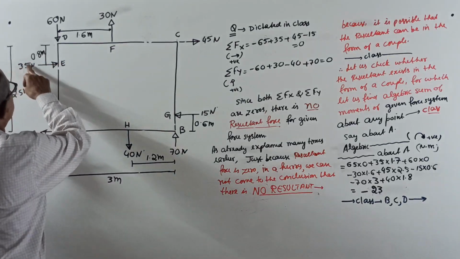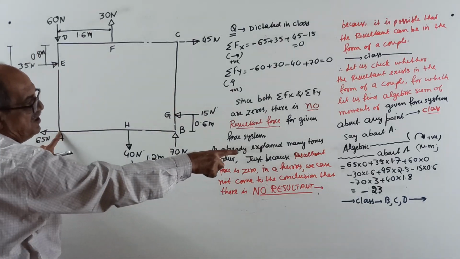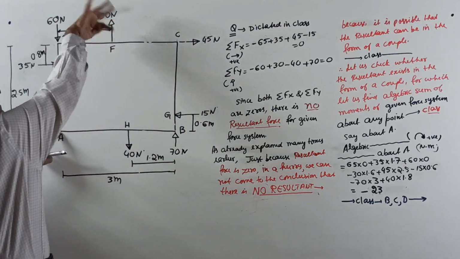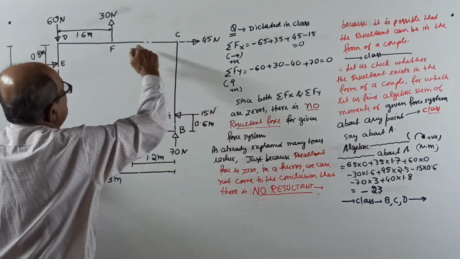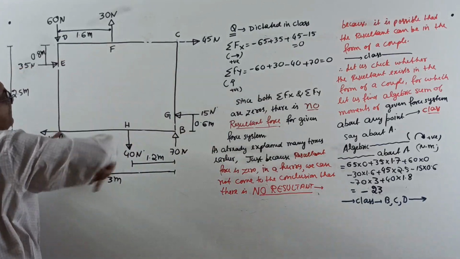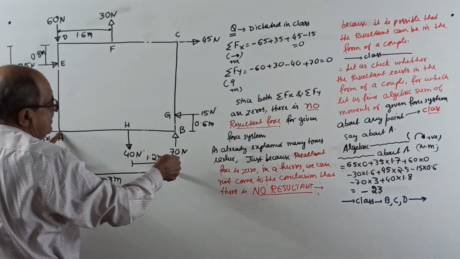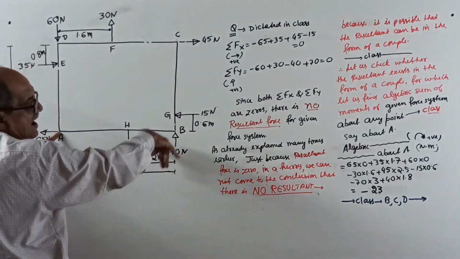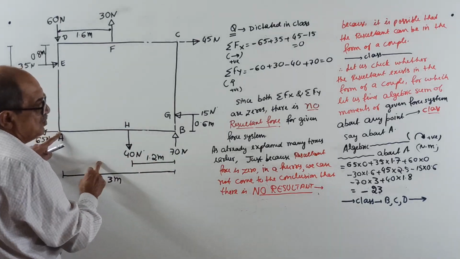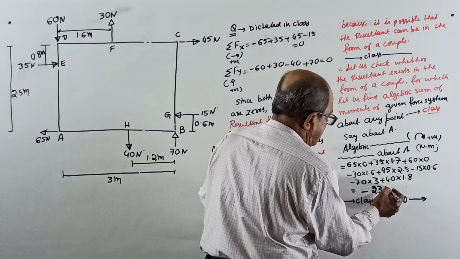Then 35 into this distance, 2.5 minus 0.8 is 1.7. 60 into 0. 30 into 1.6, anti-clockwise, minus. 45 into 2.5, sorry not 3, clockwise. 15 into 0.6, anti-clockwise. 70 into 3, anti-clockwise. 40 into 1.8, why? 3 minus 1.2, clockwise. When you calculate, it is coming minus 23 Newton meter.